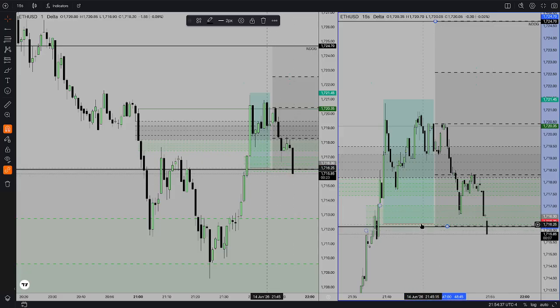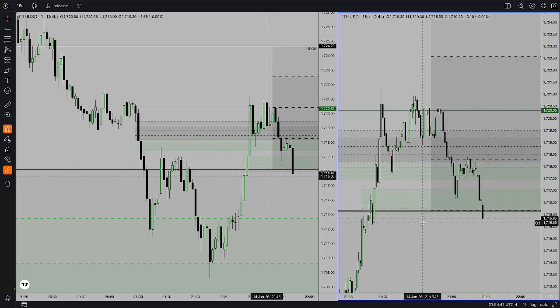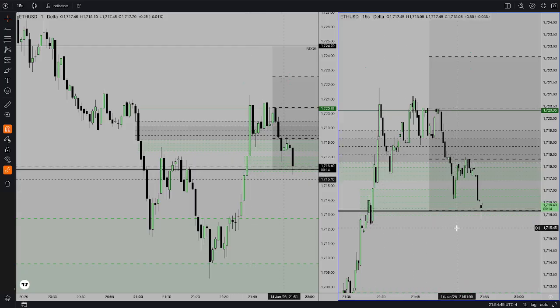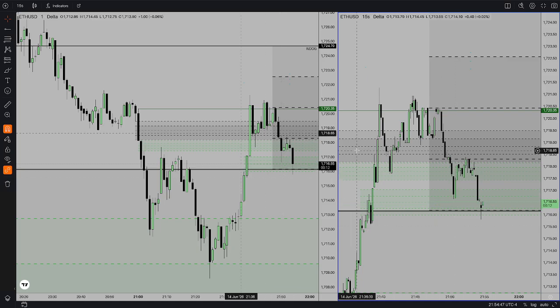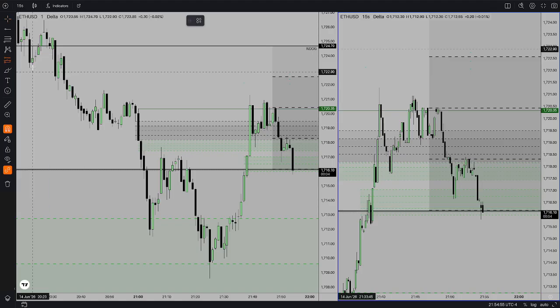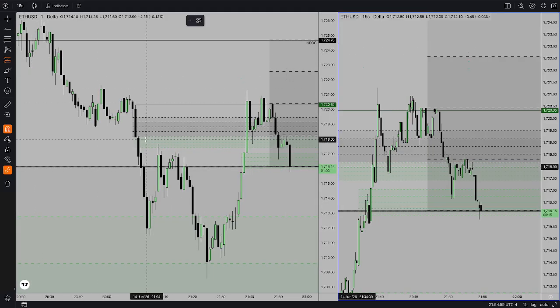It's gone, this particular low. That's a good reaction from there. It's actually there in the NDOG, in the event horizon of the NDOG.